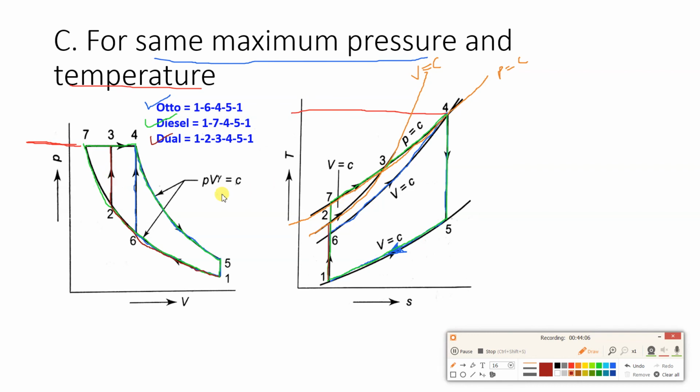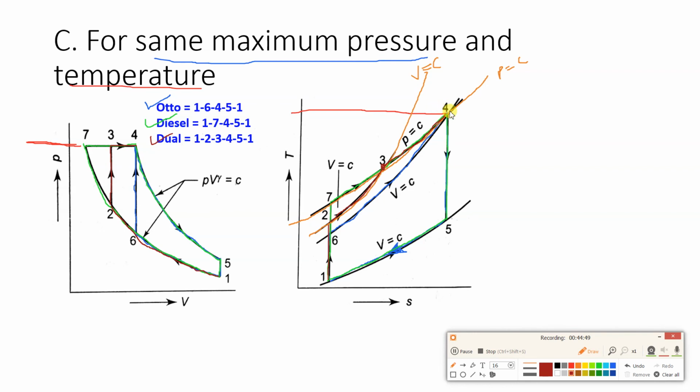So 2 to 3 is volume equal to constant. From 2 to 3, we will follow the volume equal to constant curve. Then 3 to 4 is constant pressure heat addition in the dual cycle. From point 3, I'll follow the constant pressure curve which I had drawn for the 7 to 4 process, which was the diesel cycle. So I'll follow the same curve from 3 to 4. This is constant pressure heat addition in the dual cycle.